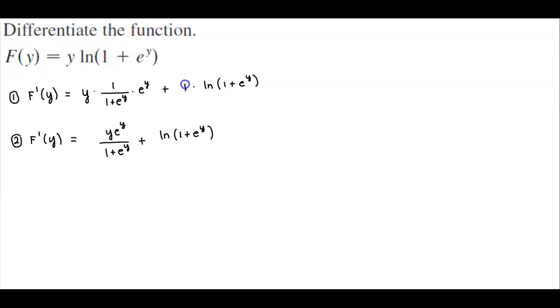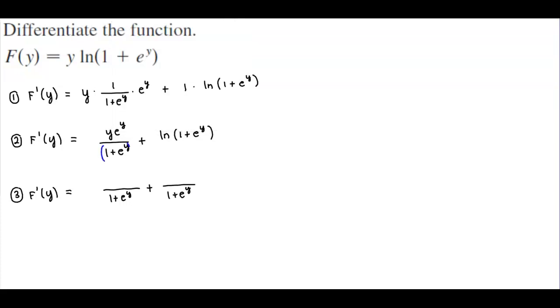If we wanted to rewrite this with a common denominator, we can go a little further. This would be f prime of y, and we would have a common denominator of 1 plus e to the y.